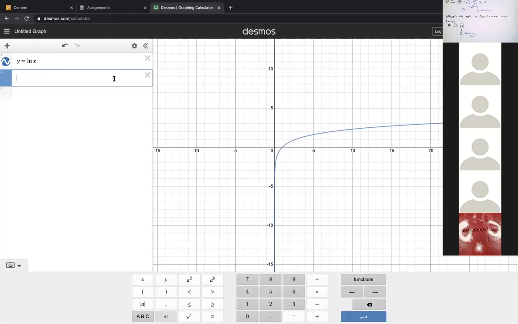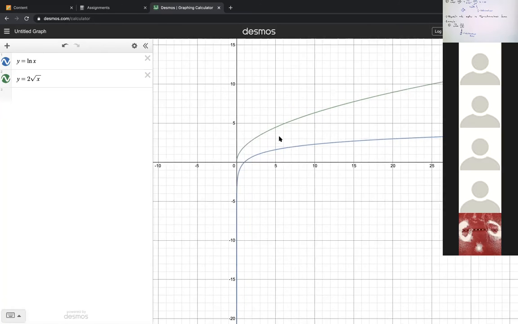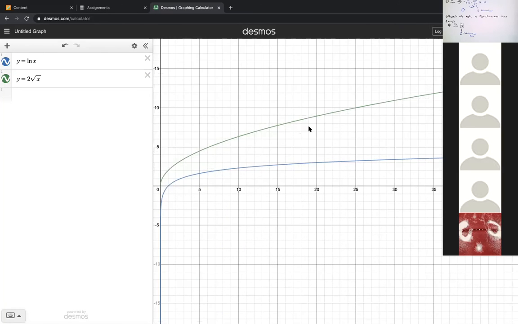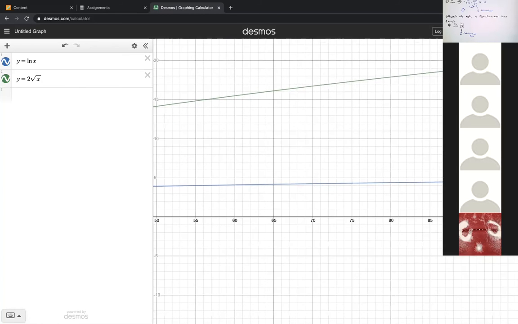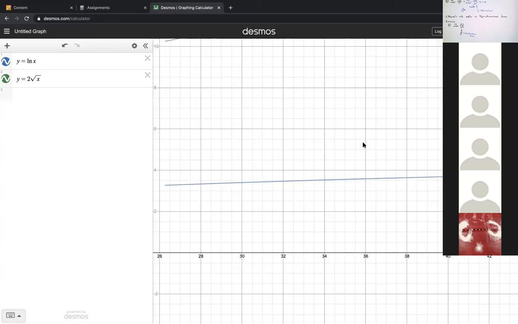And then the square root function, or 2 times the square root function, also keeps on getting bigger as you scroll over to the right, or if you zoom out.